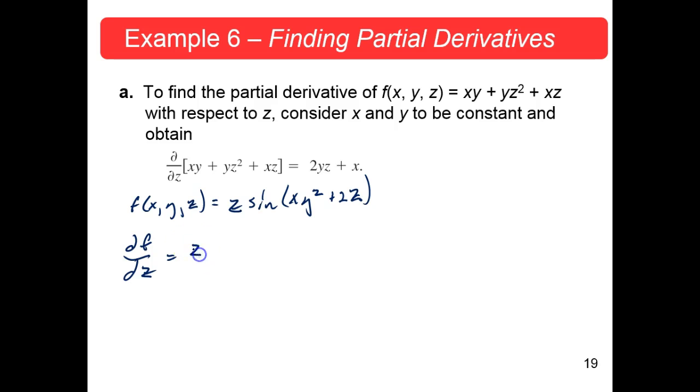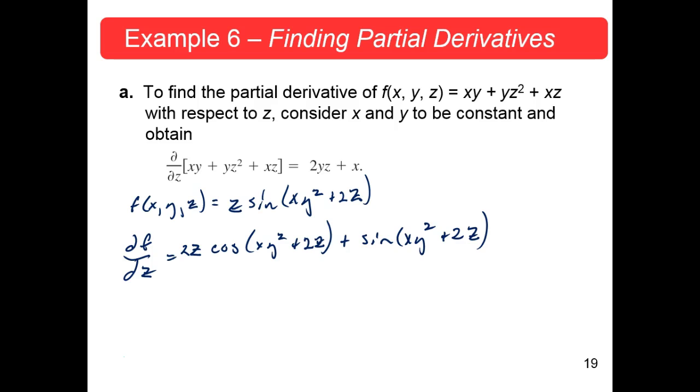You could do the first, which is z, times derivative of the second, which would be a cosine of xy squared plus 2z, times the derivative of the inside, chain rule on the second part, and that's just going to be times the 2. Okay? So I'm going to put the 2 out front. Plus the second times derivative of the first. So the derivative of the first is just 1. So it's just the second, sine of xy squared plus 2z. That should be our answer. Let's see what we got.